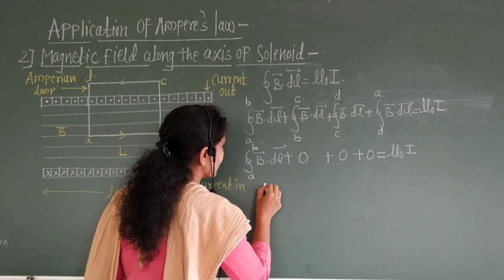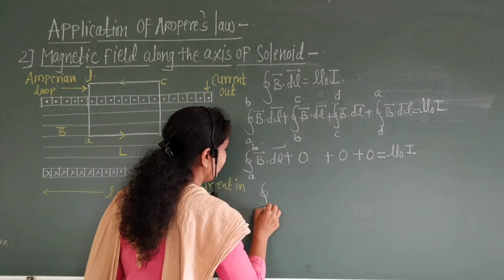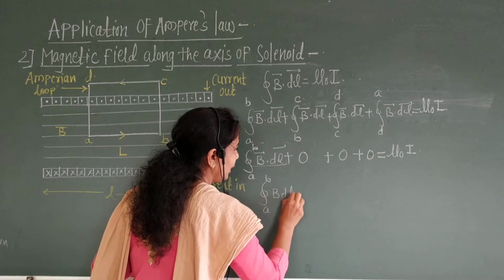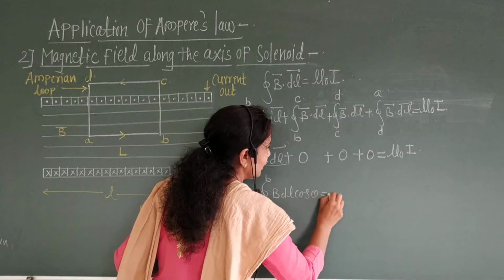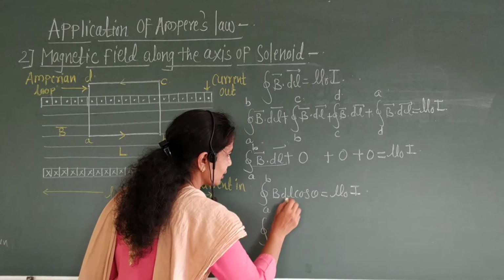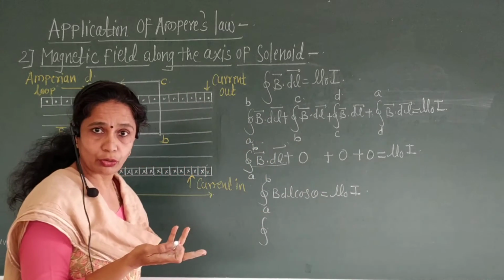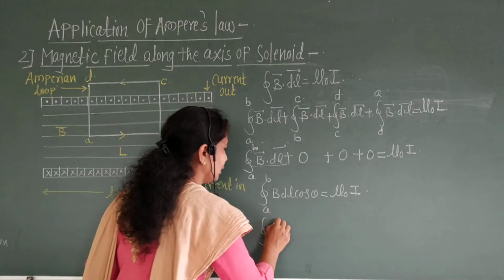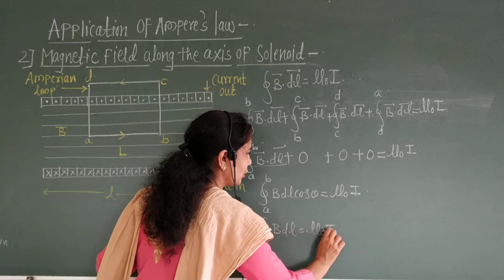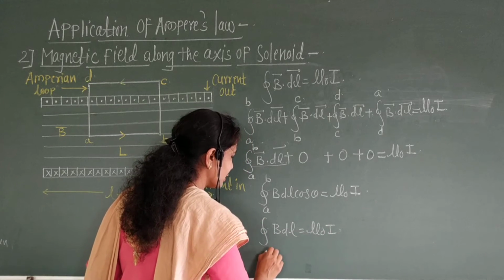Therefore, it is equal to the line integral of A to B. This is B dl cos theta is equal to mu 0 I. Therefore, here theta is 0, cos 0 is 1. Therefore, B dl is equal to mu 0 I. Therefore, B is constant.